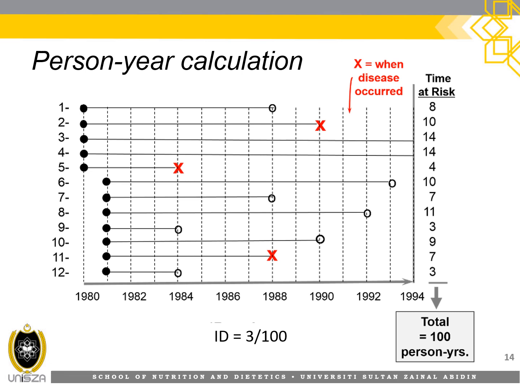Now let's calculate the incidence density. Incidence density is equal to the number of persons who get the disease over person-years. So ID is equal to 3, because there are 3 patients who got the disease throughout the follow-up, over 100, because we have just calculated the total, which is 100 person-years.